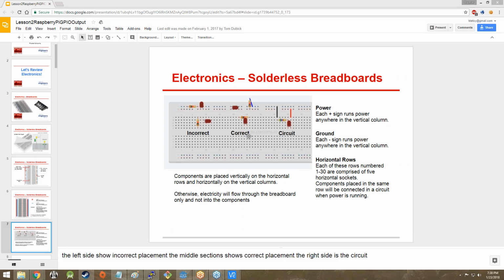So instead of the water having a choice of traveling along the nice flat stream bed or the rocky one, it has to travel through the rocky one in order to hit the nice flat stream bed again. So we want to make sure that whenever we're hooking up components onto our breadboards, we're not hooking up both ends of the component, whatever electrical component it is, into the same bus.